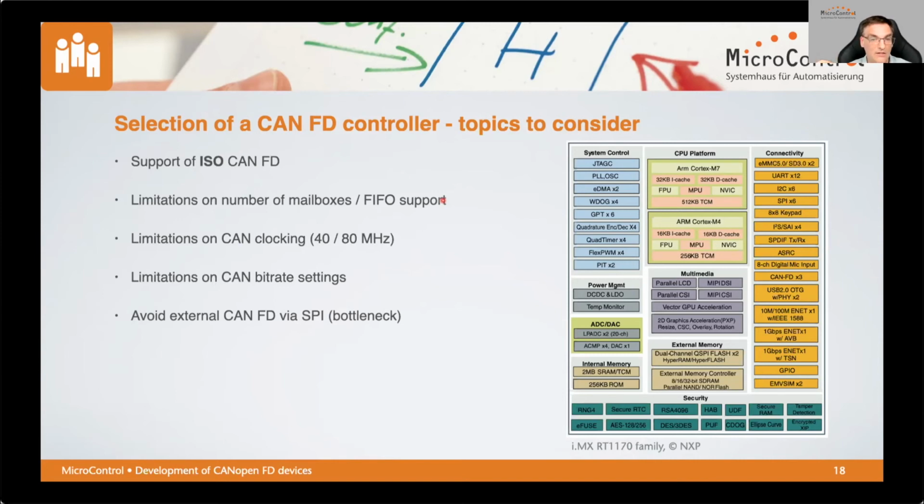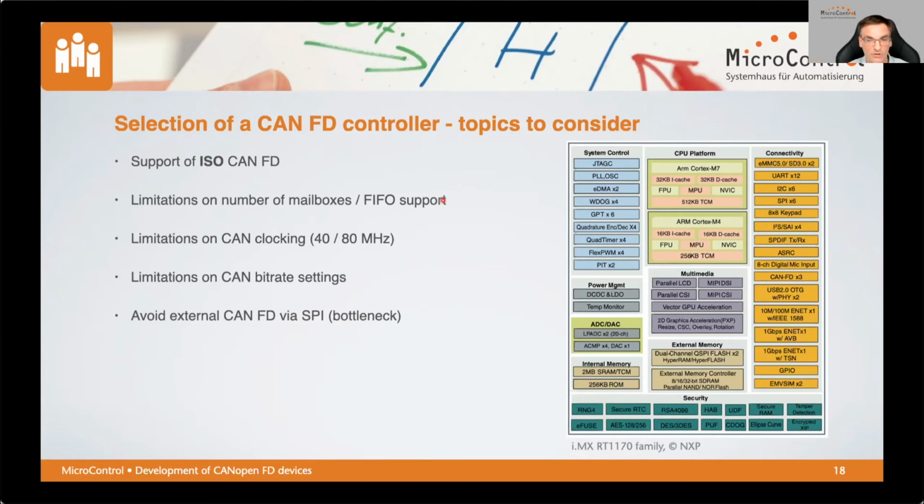The next thing that you should have a look on is, are there any limitations on number of mailboxes or FIFO support? The reason why I'm saying that, because again, this kind of controller is, let's say, a kind of negative example, which doesn't give you the fun you were expecting. Because on the first pages of the datasheet, this device tells you, we support, of course, FIFO in our CAN. We support up to 64 mailboxes.